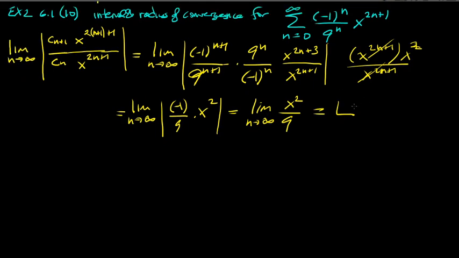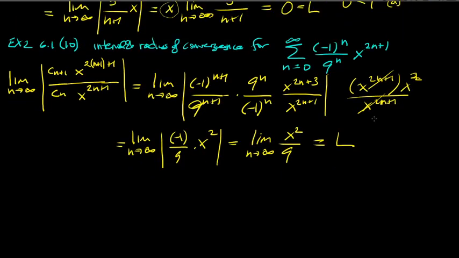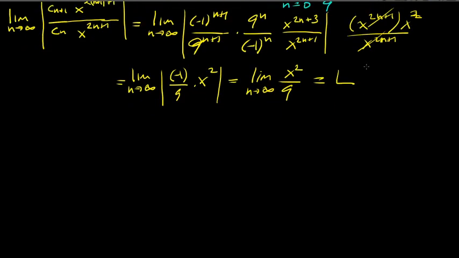So when does this converge? Remember, when L is less than 1. So we want this L to be less than 1, which means we want x squared over 9 to be less than 1. Oh, I skipped a step here. This doesn't depend on n, so this L is just x squared over 9.